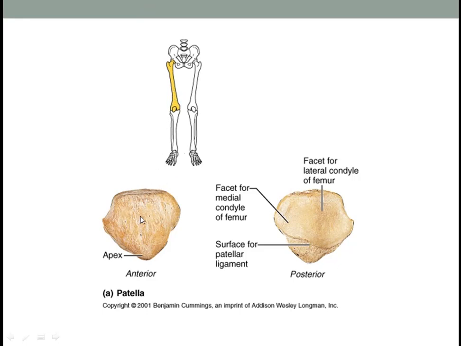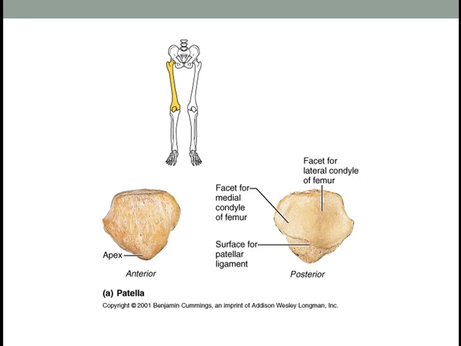As you see, this is the anterior surface, and this is the posterior surface of the patella. And we see here, this is the apex of the patella facing downward. And we see the posterior surface of the patella, its articular surface, which articulates with the distal femur.